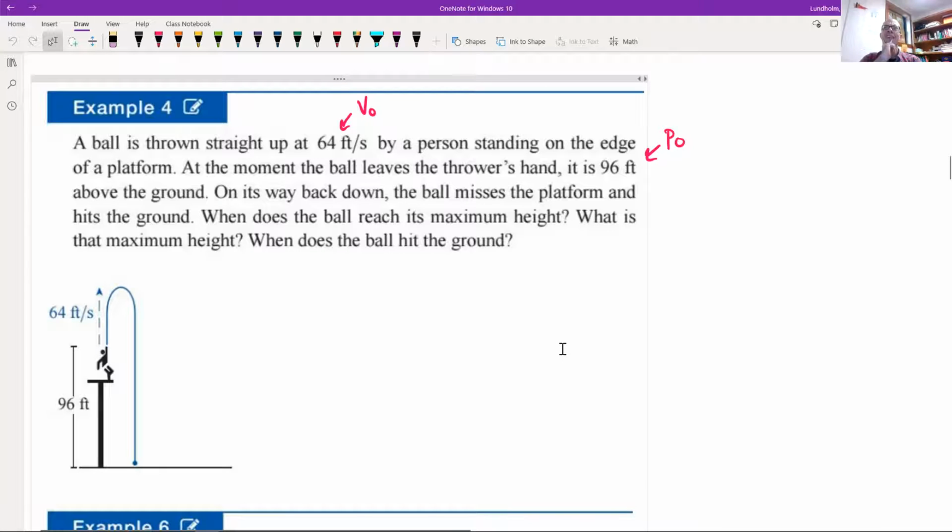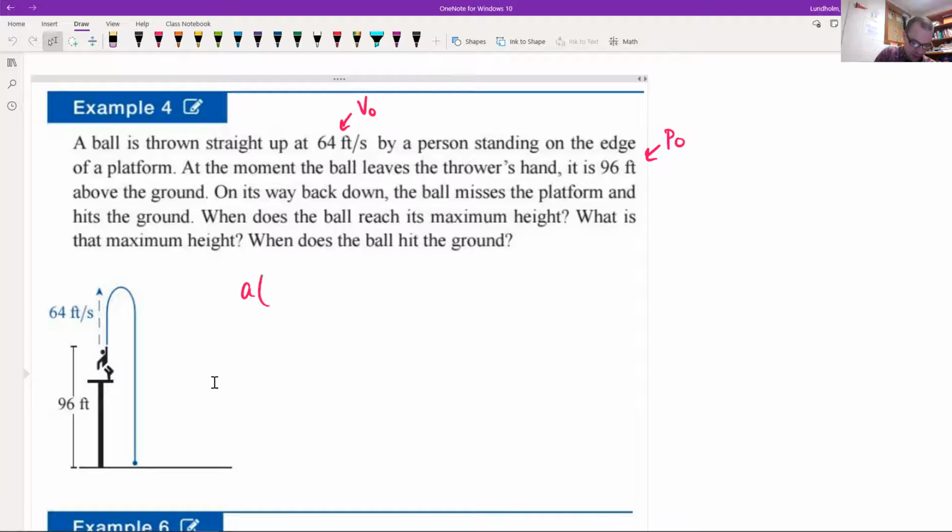We haven't been given any information about acceleration, but if this person is working on Earth, then we do know about how this ball will be accelerating. It's going to be due to gravity, right? So let's go ahead.